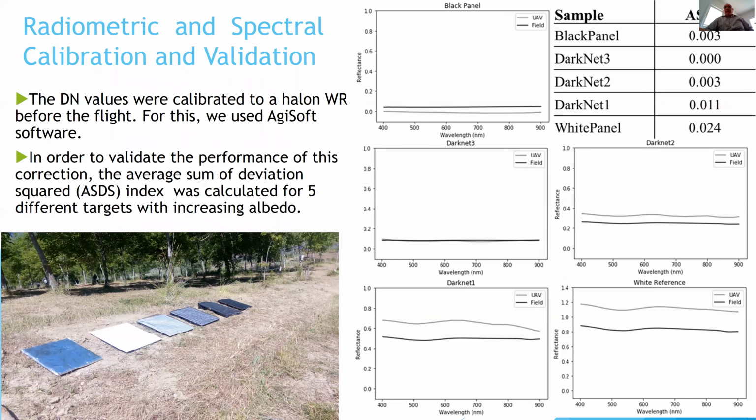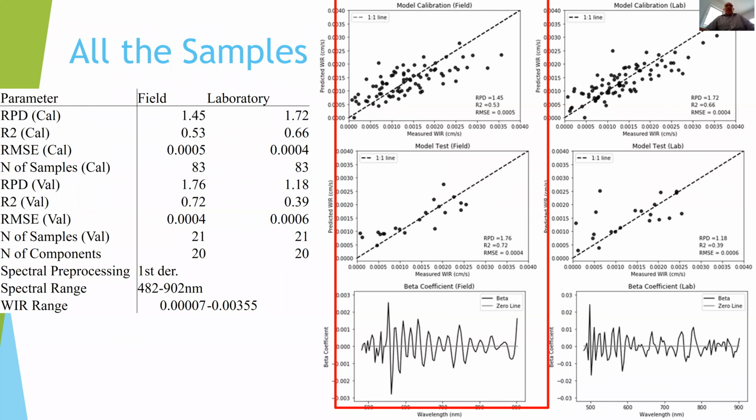It's a pretty good match, especially in the dark. This is not surprising, but we also measured the ASD, which is a parameter to find out the difference between the spectral information, and we found that they are quite sufficient, and we proceeded with this activity.